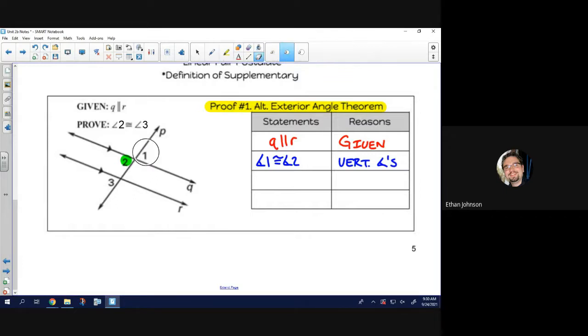Looking back at our diagram, I see 1 and 3 are both outside of the parallel lines, but opposite side of our transversal. So that has to be congruent. They're alternate exterior angles. So always try to find at least 2 relationships. So angle 1 congruent to angle 3 because of the alternate exterior.